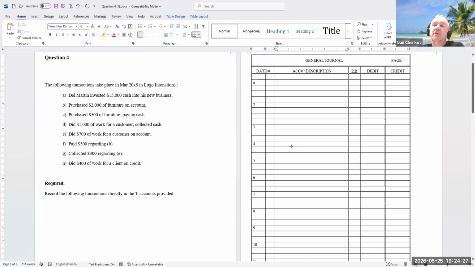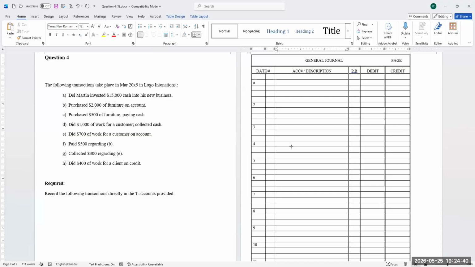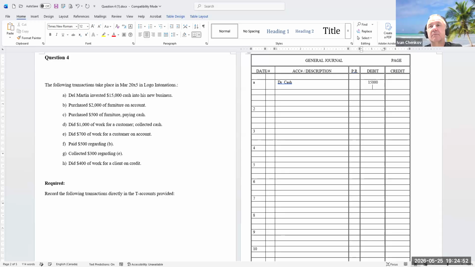What's the normal balance for the asset? Debit. If I want to increase the asset, what do I have to do? Debit or credit? Debit. So let's go. Debit. Which account am I going to increase? Cash. What's going to go in the account? $15,000 cash.